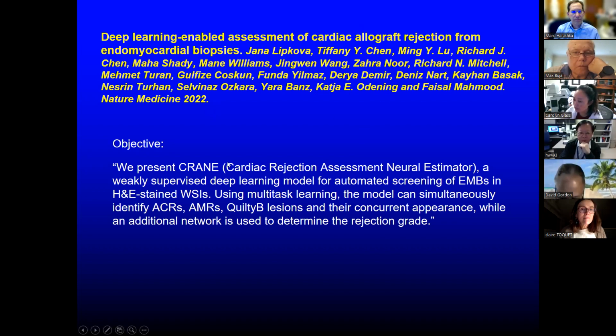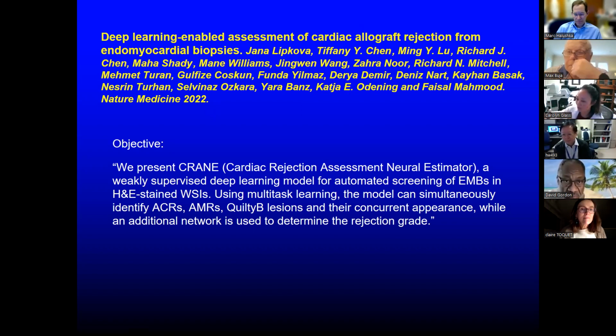So the objective of this paper was, and I'll just quote it directly, to present CRANE, which is the acronym for Cardiac Rejection Assessment Neural Estimator, a weakly supervised deep learning model for automated screening of EMBs in H&E stained whole slide images. This is really good because when we diagnose things, we don't want to be looking at snippets of little things; as pathologists, we need to look at all of the tissue.